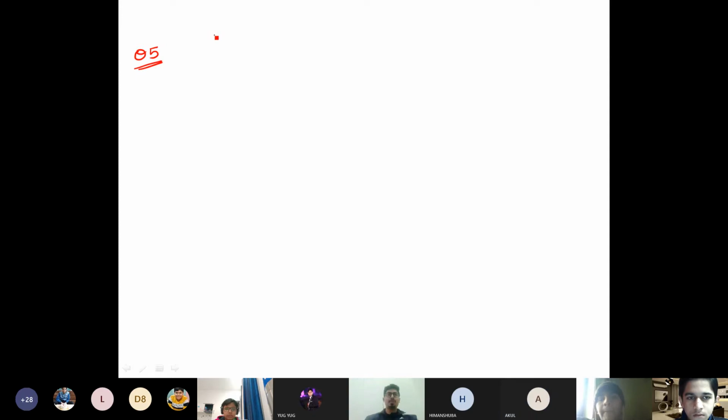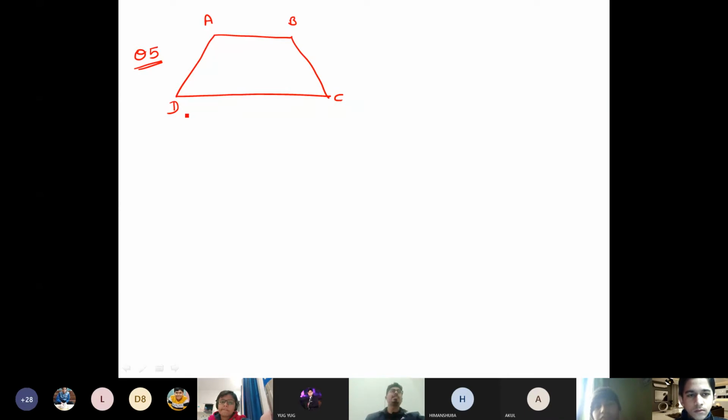Now see, what is given? A trapezium is given, so let us draw a trapezium here. What is given? The two parallel sides, 65 and 40. This is the shorter one and this is the longer one, so I have to take this as 40.